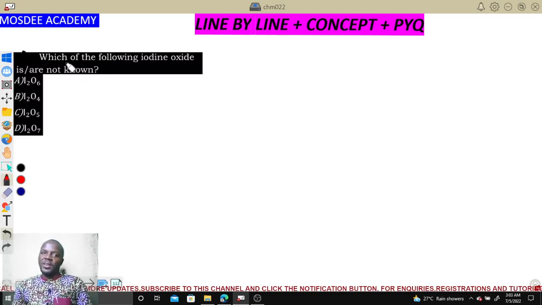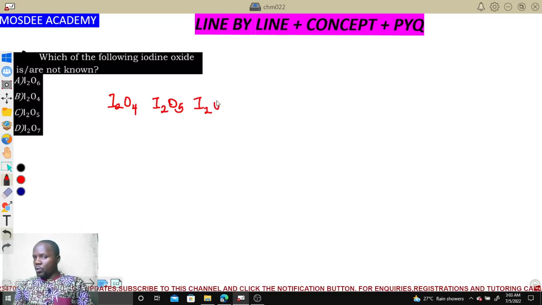The next question says, which of the following iodine oxides is or are not known? I think I listed out all these things the other time. If you still remember, I told you we have I2O3, I2O4, I2O5, I2O7.